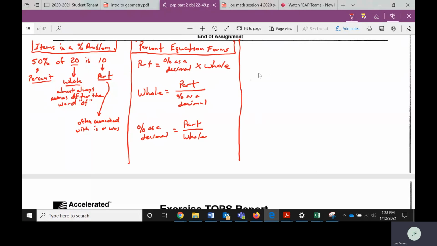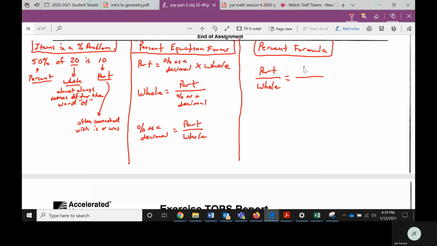Okay, and then the other way we can use to solve these is the percent formula. Okay, now it's still going to be in these problems. What's going to happen is you're going to be given 2 of the 3 items of a percent problem. You got to find the other. So you set up a proportion where the part would go on top of this one, the whole goes on the bottom of this one.